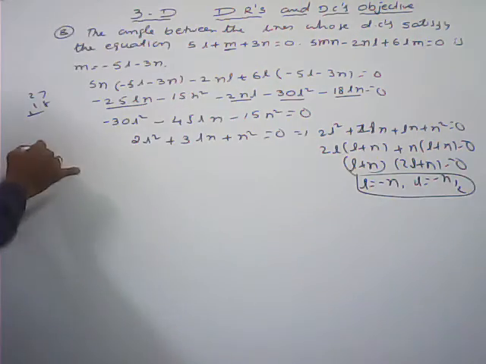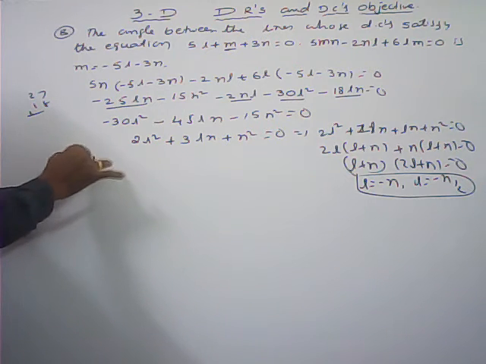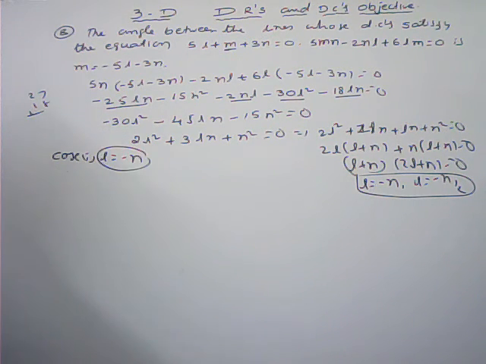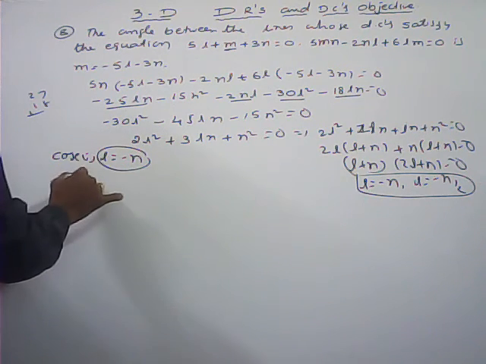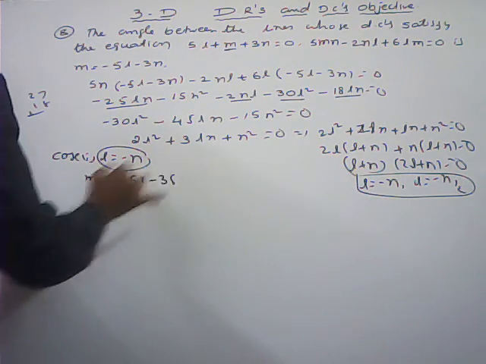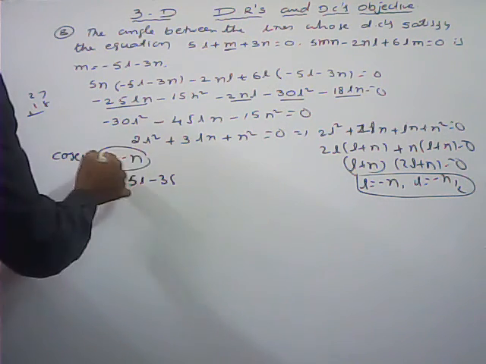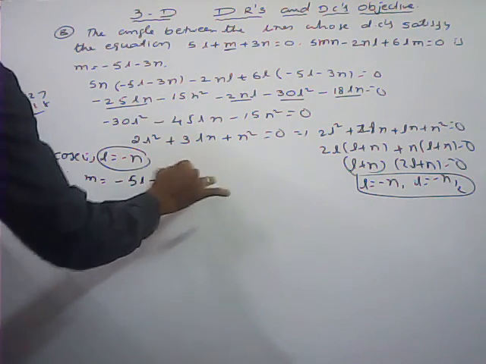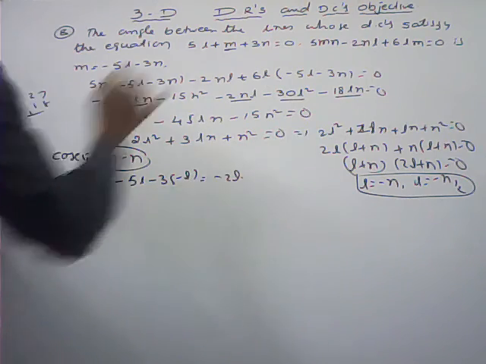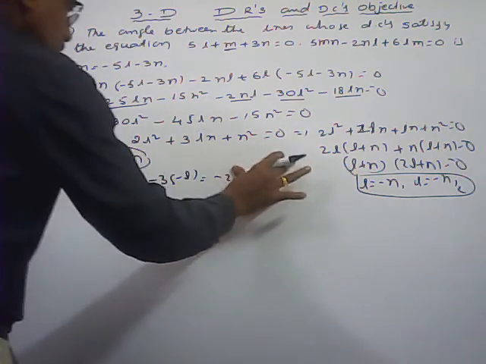Case 1, I am taking l is equal to minus n. If l is equal to minus n, m is equal to minus 5l minus 3 into n value, minus l. So plus 3l, that is equal to minus 2l.